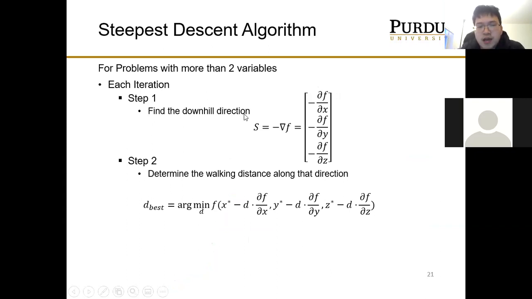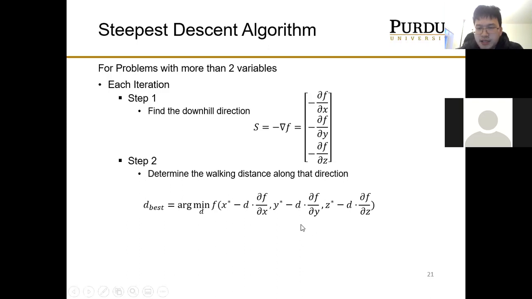For example, if we have a problem with x, y, z, three variables, then we can easily extend this algorithm just by modifying the gradient and then modifying the 1D problem, right? Just add some components. So that's easy. So that's something we can easily generalize. So that will also be your homework, right? Try to generalize this kind of 2D problem.